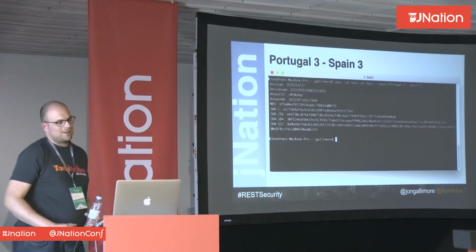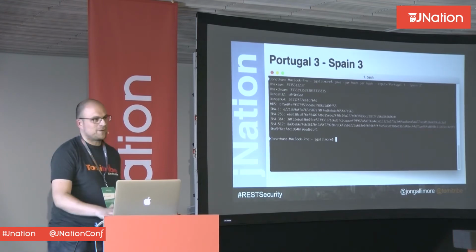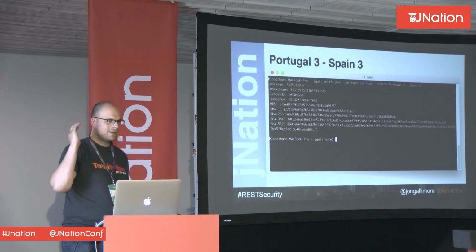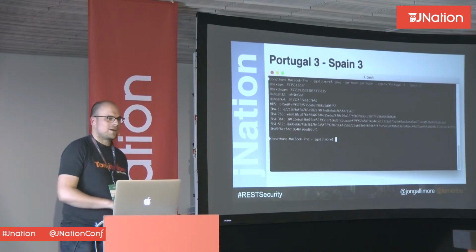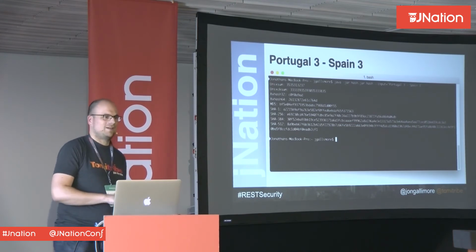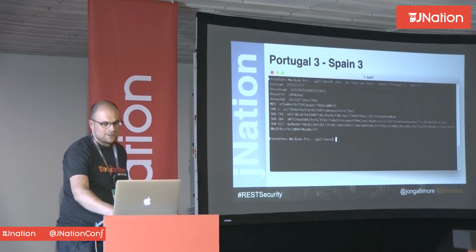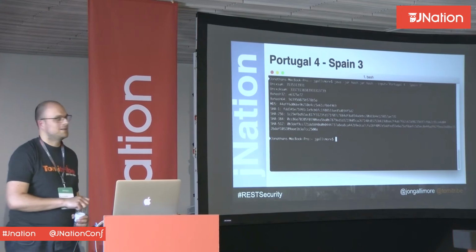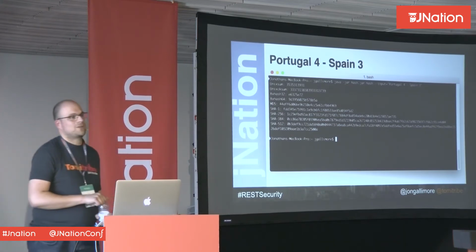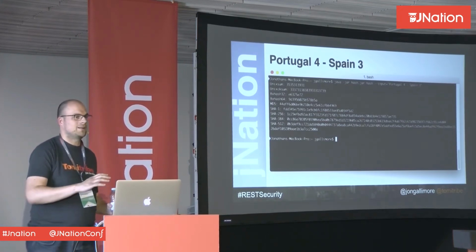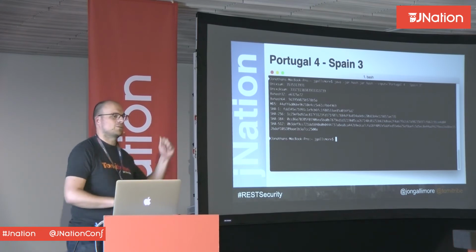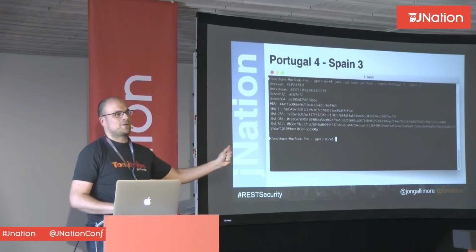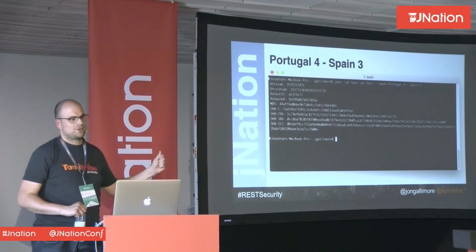If you imagine that at the end of the game, the referee creates a hash of the score. Even if we tried to say Portugal 4, Spain 3, you'll notice that the hash values are completely different. So if we validate that against the hash that the referee says it is, then we know that data has changed.